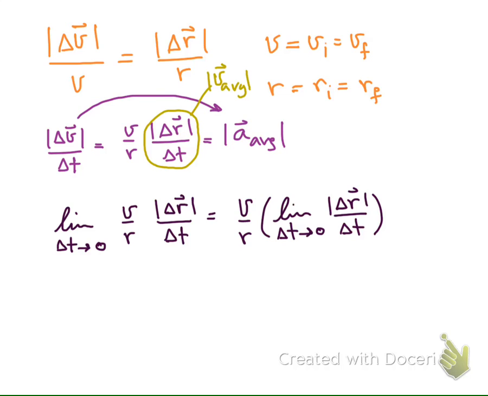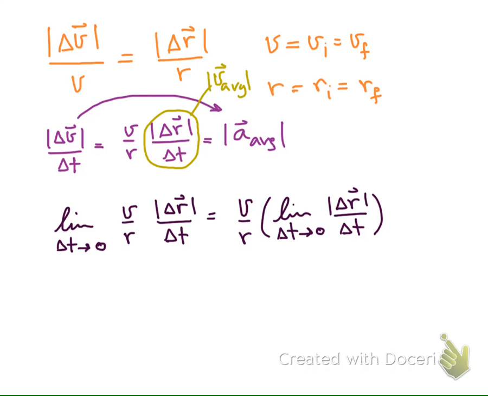We can do this because, as we mentioned earlier, the speed of the particle is constant, and the length of the position vector is constant. So they do not depend on the time delta t. So when we take the limit, we can take V and R out of the limit process.